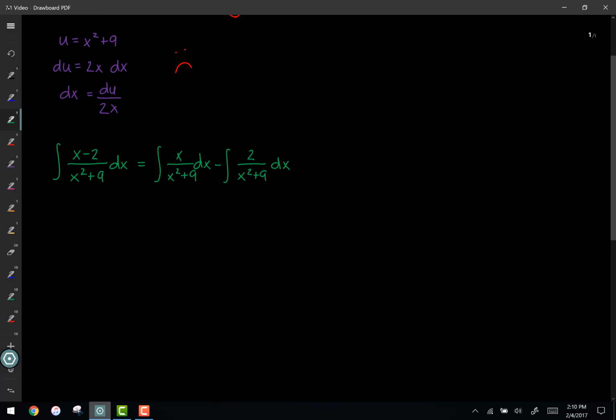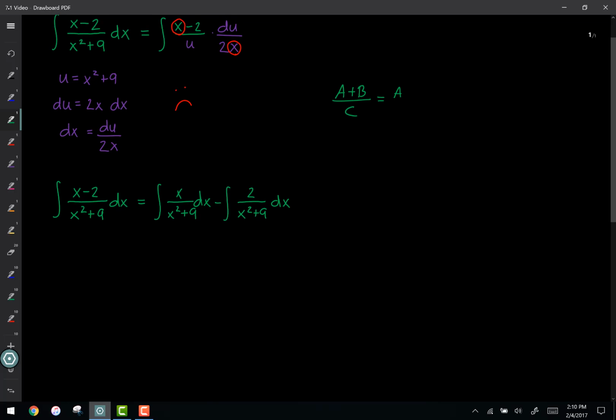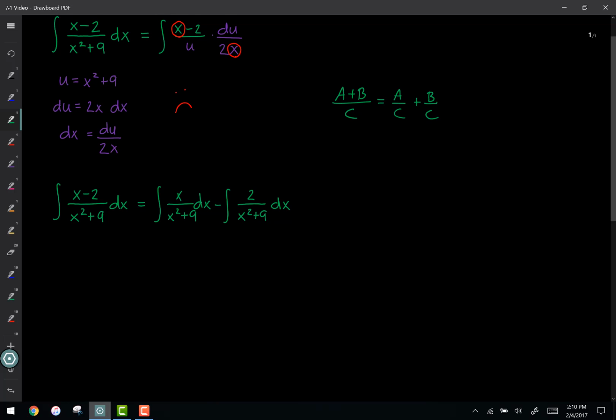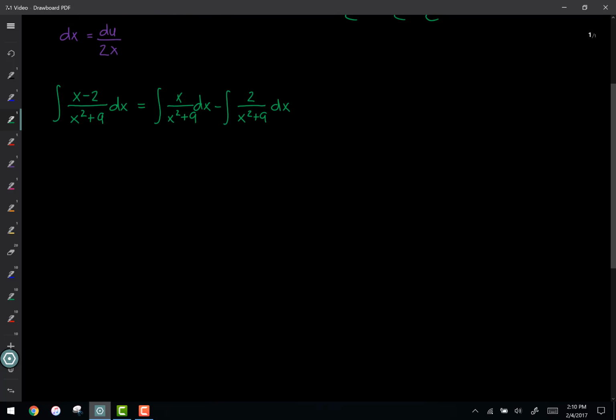All I did was break apart the fraction across the subtraction in the numerator. So remember, you're allowed to break apart fractions over addition and subtraction that's in the numerator, but not the denominator. We're basically just undoing the putting the fractions together with how you would add fractions. Okay, so just broke apart right there.